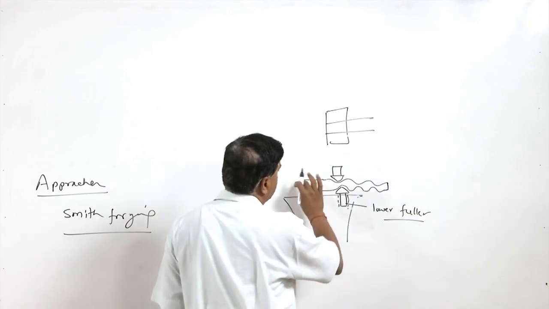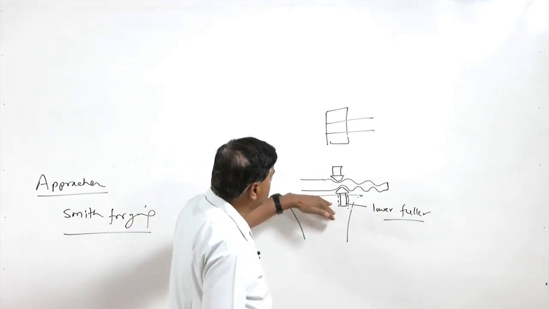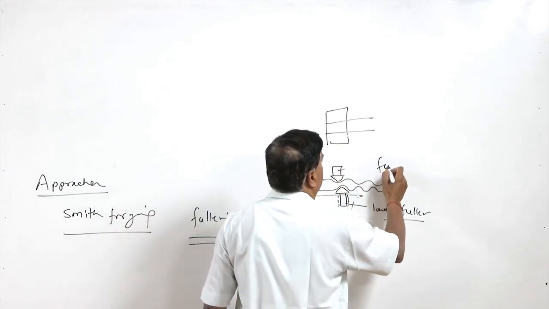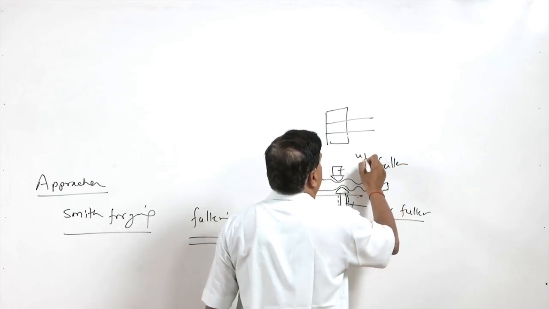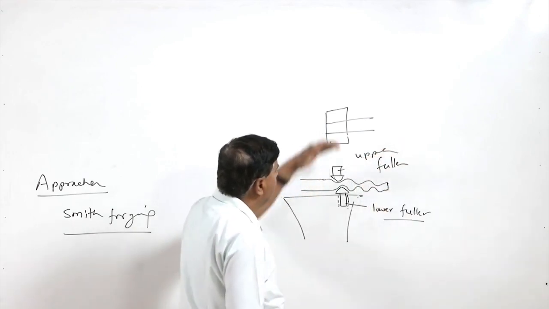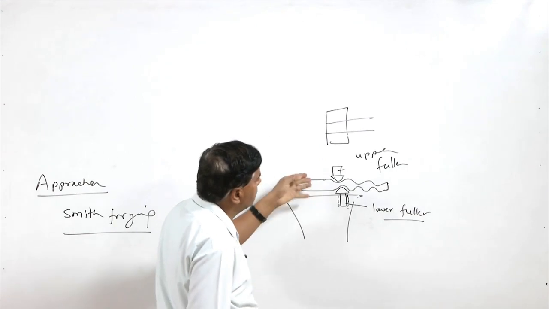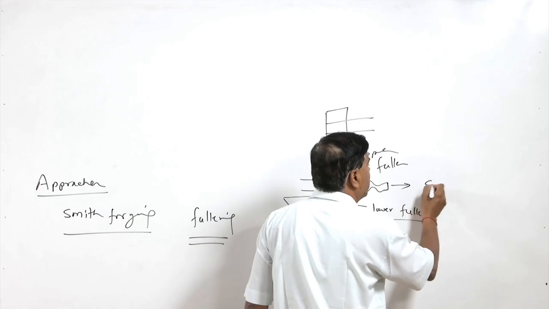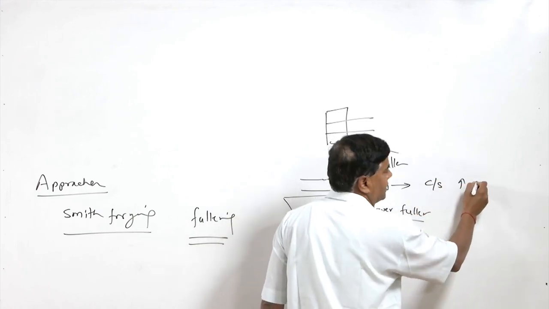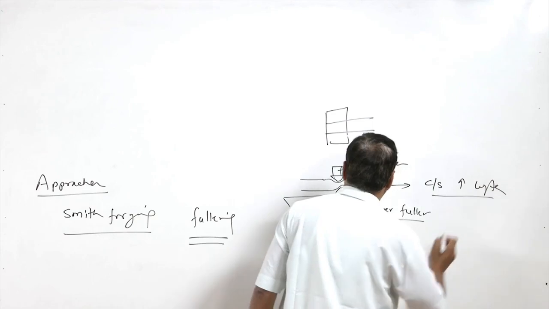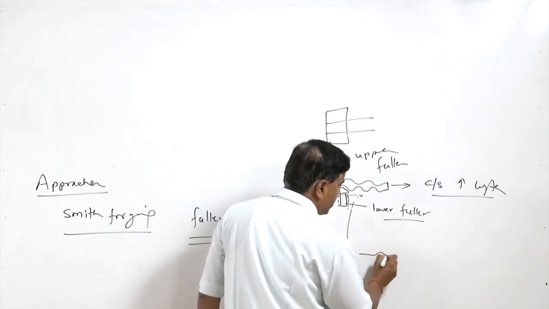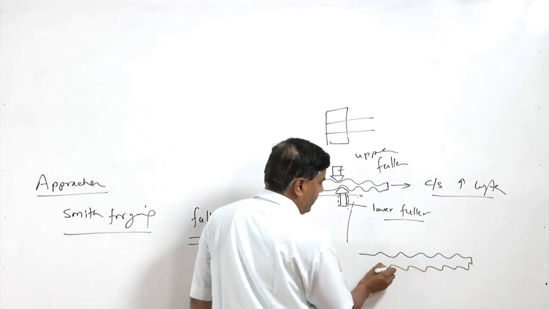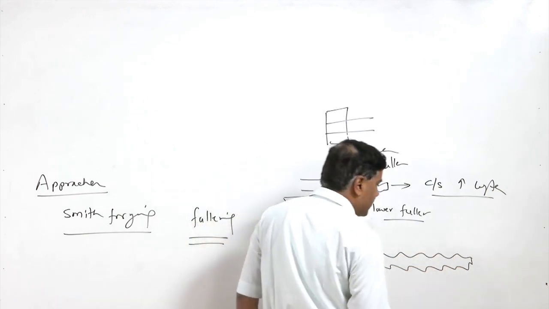So, basically the stock is placed over the lower fuller, and this is the upper fuller, and the hammering is done of the upper fuller so that metal flows in the length direction. This reduces the cross section and increases the length. So, in this way we get the stock with the reduced thickness and increased length.